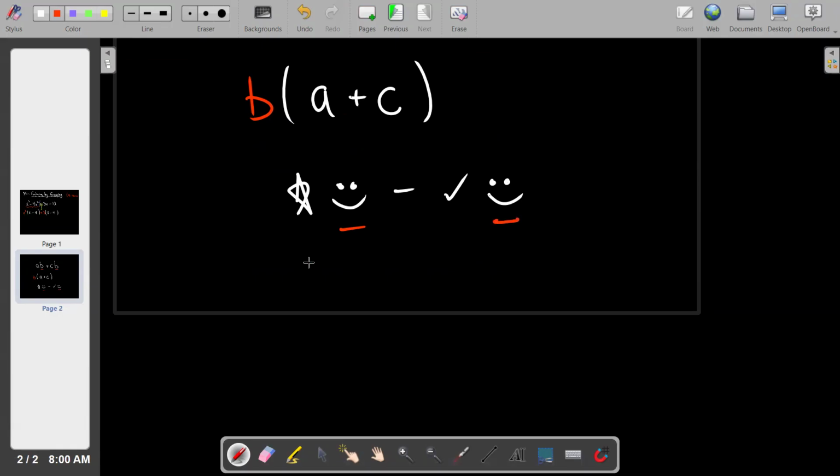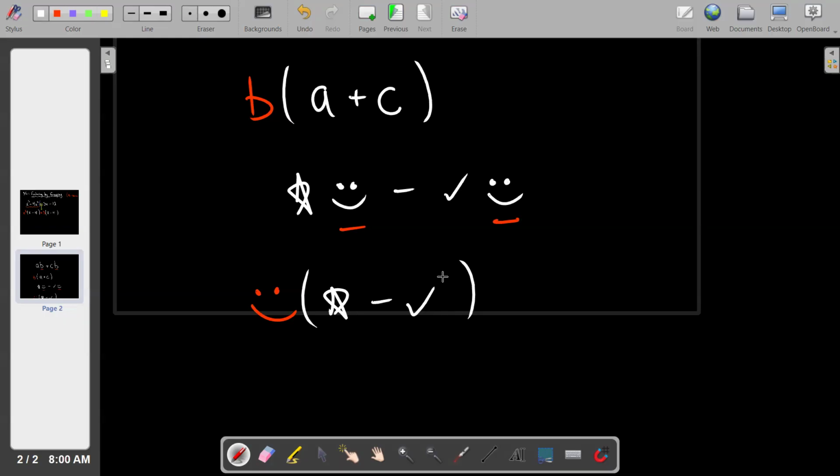So I'm going to pull the happy face out to the front, leaving me with what? Star minus check mark. I could do this all day. If I were any good at drawing, I'd do puppy dogs, but they look like platypuses. So I can't draw. That's why I revert to dumb shapes like this. The idea is if two terms have something in common, we can pull it out, right?